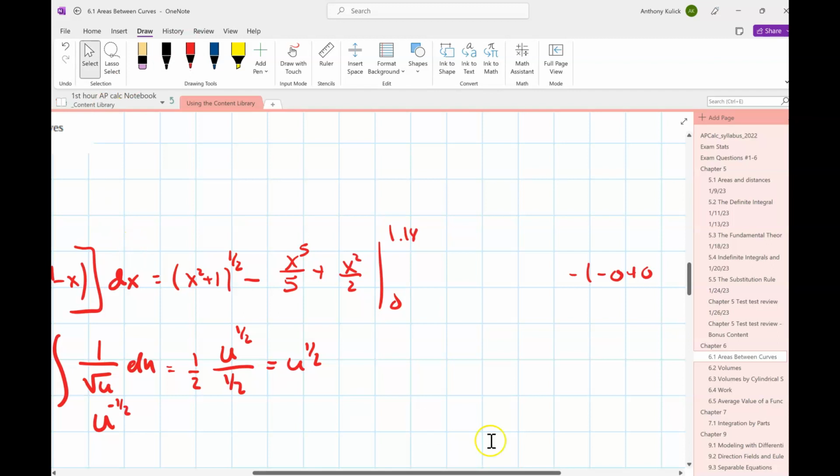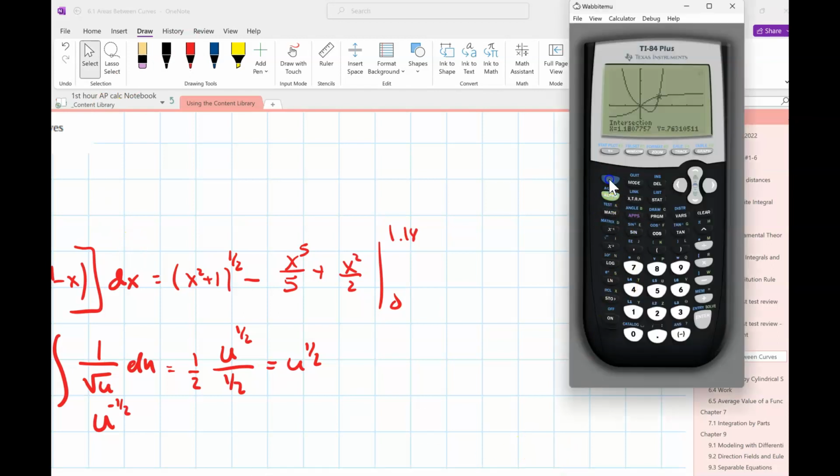The other part I'm going to just do on my calculator. So I'm going to have 1.18 squared plus 1 to the 0.5 minus 1.18 to the 5th divided by 5 plus 1.18 squared divided by 2.